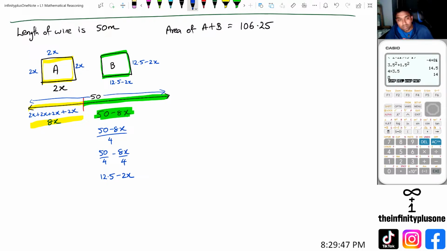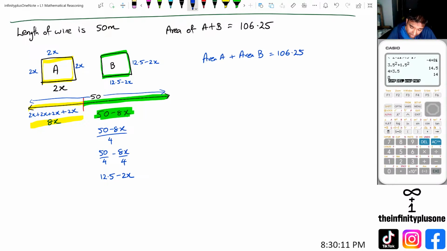Yep, sweet. Once that's done, we've been told that the area of A plus B is 106.25. So we've got area of A plus area of B equals 106.25.